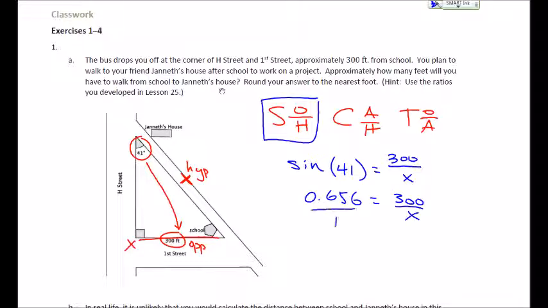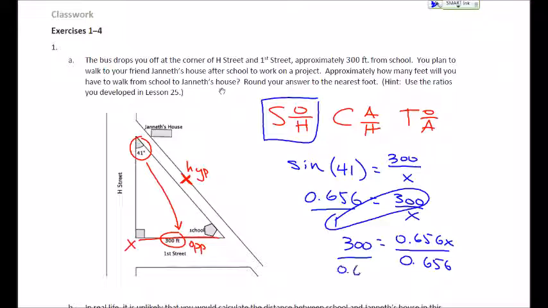Put this over 1, and then I cross multiply. And I get 300 is equal to 0.656x. And then I get rid of the 0.656 by doing the opposite of multiplying by x. I divide by 0.656. And x is equal to 457 feet would be the answer.